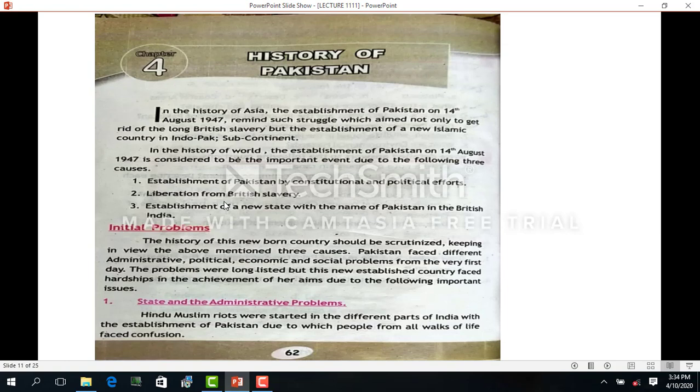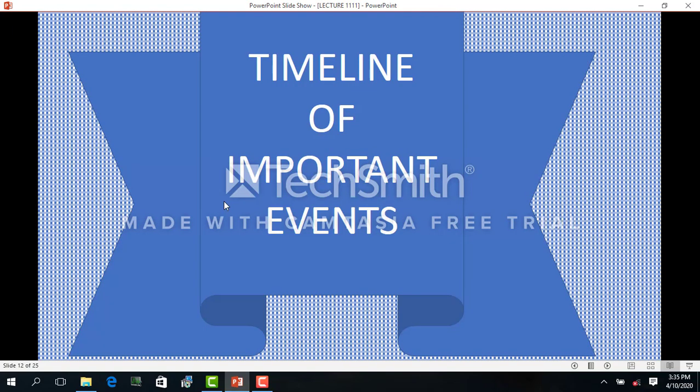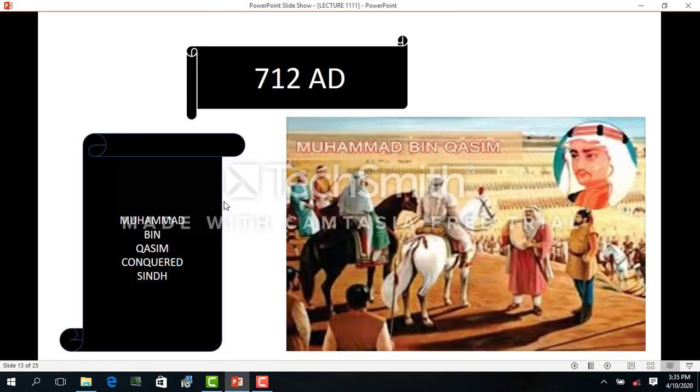Before starting chapter number 4, I will summarize some important events. This is a timeline of important events from 712. In 712 AD, Muhammad bin Qasim invaded and conquered Sindh.